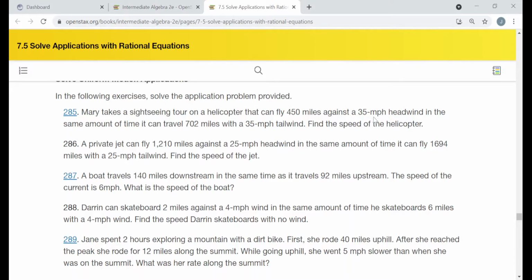So against the wind means that this 35-mile-an-hour headwind is decreasing the speed of the helicopter by 35 miles per hour. Traveling with the wind means that the speed of the helicopter is being increased by 35 miles per hour. We're going to be assuming that.